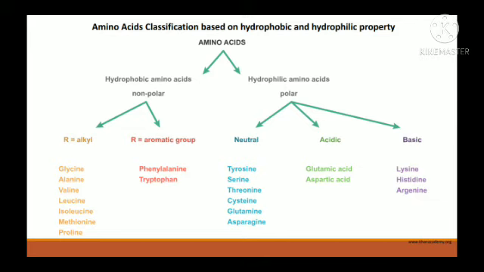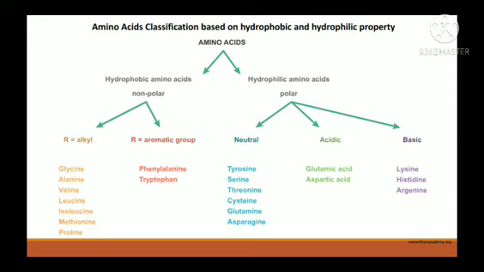Further, the polar amino acids are of three kinds. They can be neutral if they do not carry any charge, meaning they carry equal positive and negative charge. Then there are the acidic amino acids, which have an excessive COOH, that is carboxylic group, due to which a negative charge is present on the amino acid. The third are the basic amino acids.